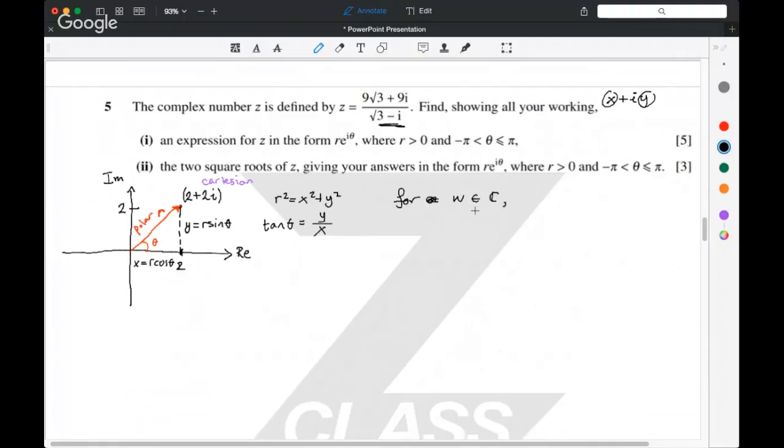if you haven't seen this notation, this is my expression for w. This is 'element of', and this is the set of all complex numbers. Let's sling another bit of set notation in there.